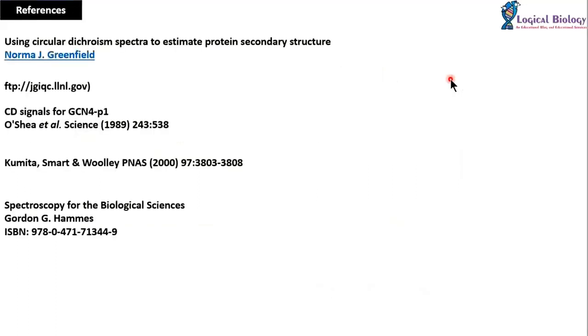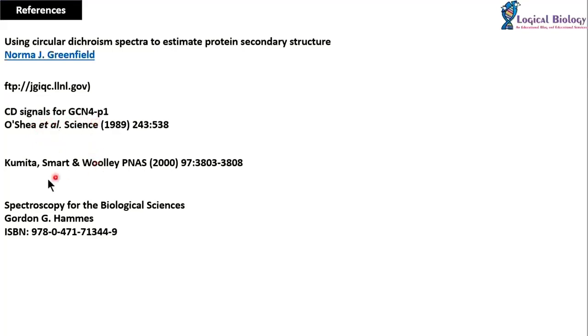For this whole video, I have used many different things which are very interesting to read. There is a very good paper by Greenfield on using circular dichroism spectra to estimate protein secondary structure. Then there is another paper on circular dichroism signals for GCN4P1 protein.